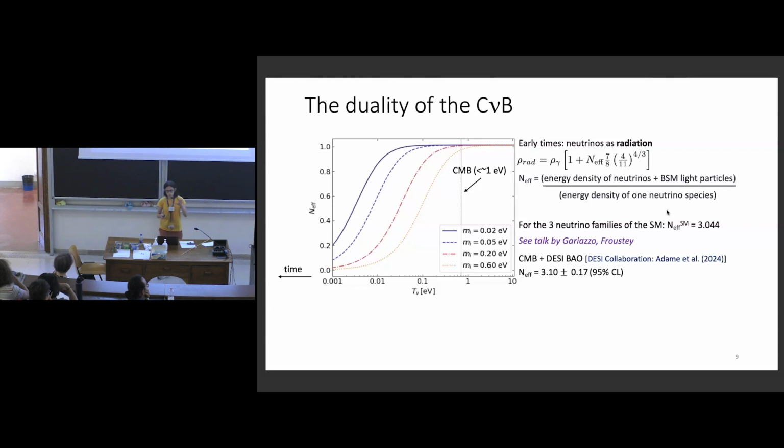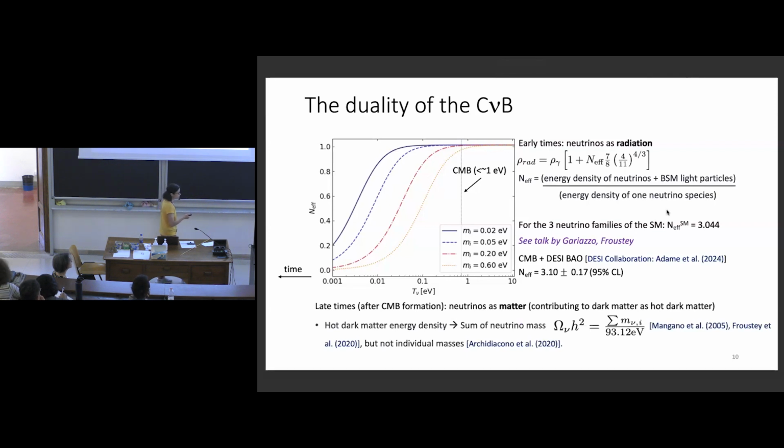I'm not going through the details of this calculation because this will be the topic of other talks. Let me just say that with the current CMB and large-scale structures, BAO measurements, this N_eff is very well consistent with the standard model value, so with 3.044.